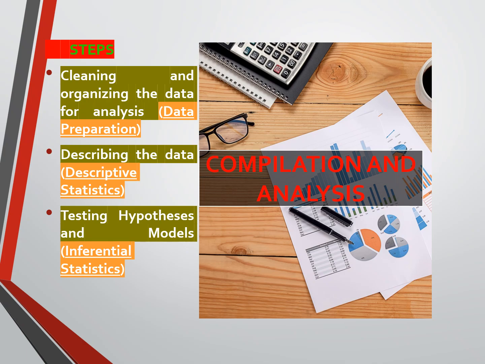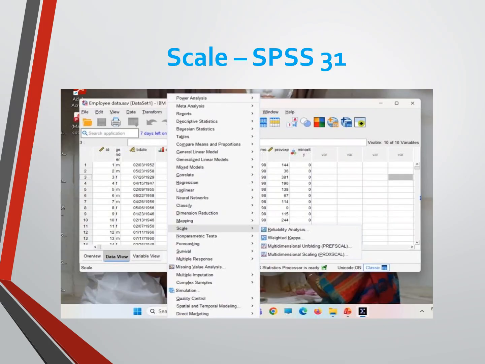Then we should describe the data, that is, gender, age, we can do it. And our main objective is testing the hypothesis and models to be established. SPSS 31 is the latest version that is available.